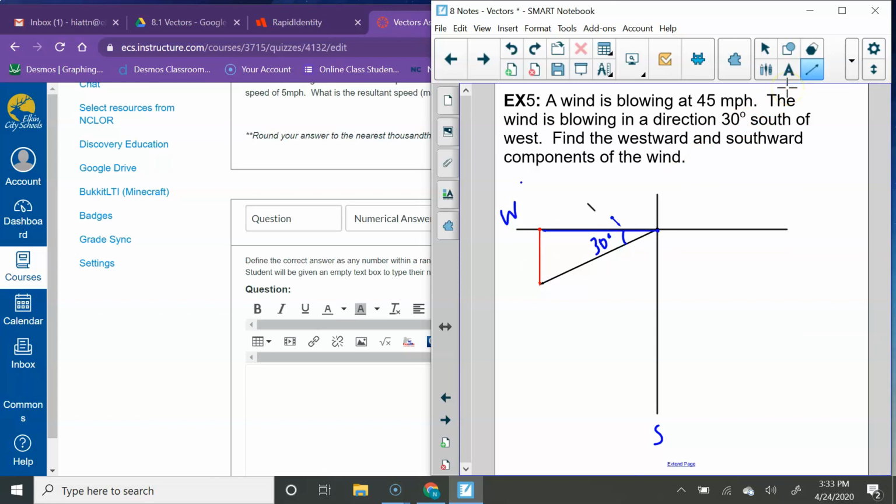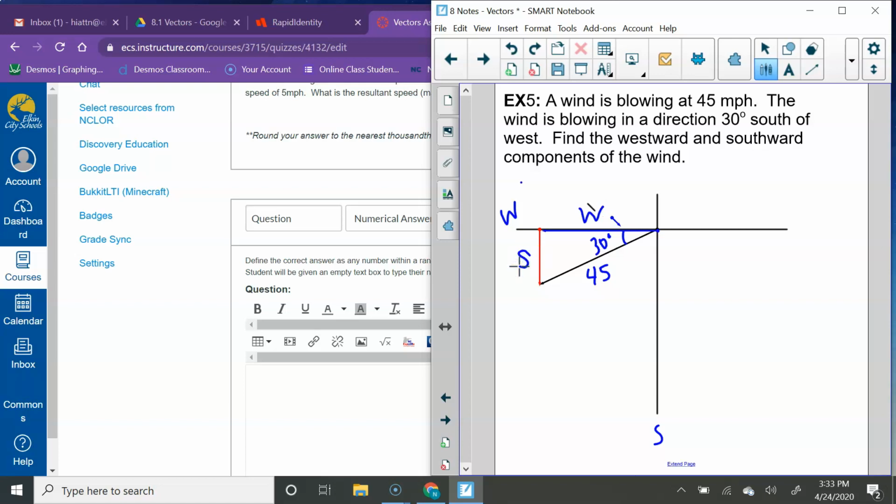So we want to find both of those. What you're going to do for this is going to be a little different than what we did on the other problems. This part right here we know is 45, and I'm going to call this W because it's our westward component, and I'm going to call this one S because it's our southward component.